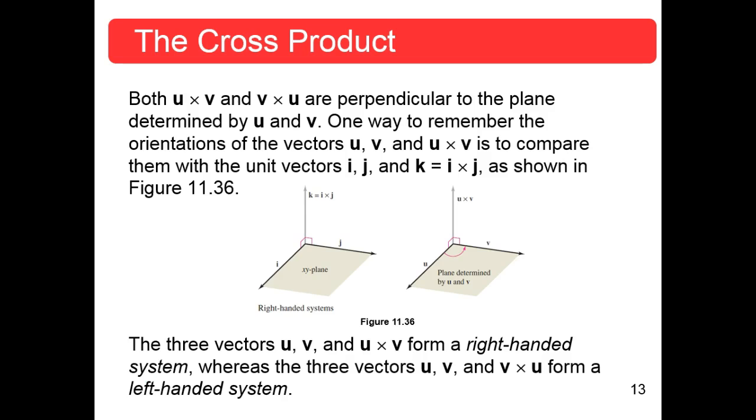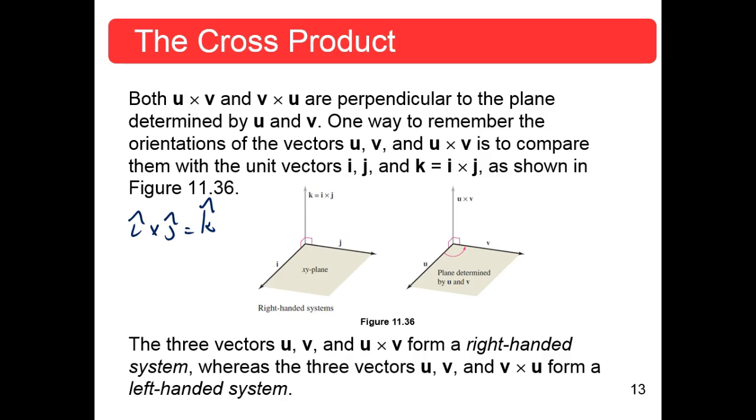Vector I is in the X direction, vector J is in the Y direction, and K is in the positive Z direction. So if I were writing this, I would do it this way: I cross J equals K. Okay? Now, at least the directions are right.